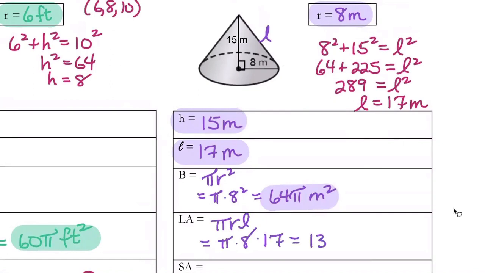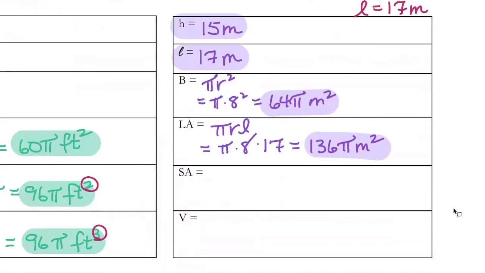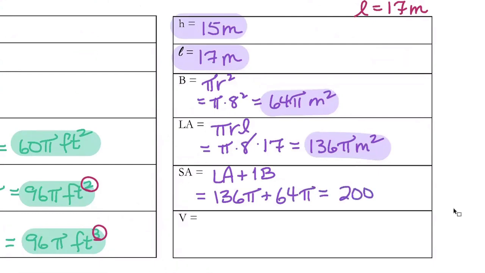That's 136 pi meters squared. Surface area, lateral area plus 1 base. So our lateral area was 136 pi. We're adding on 1 base area, so 64 pi, is 200 pi meters squared.